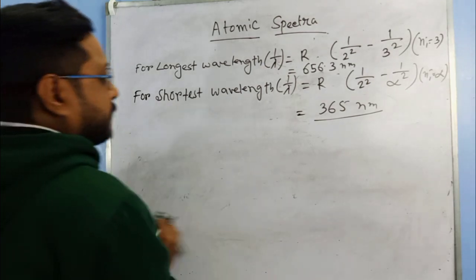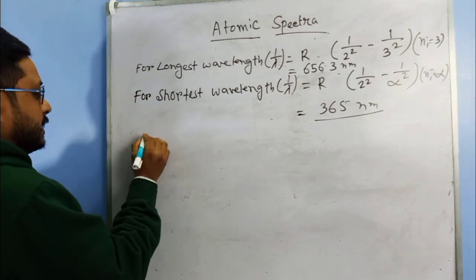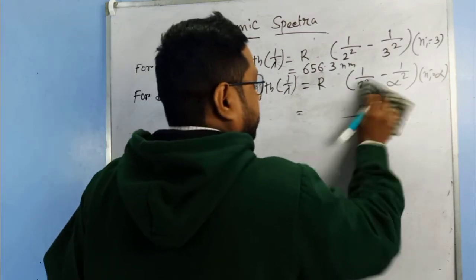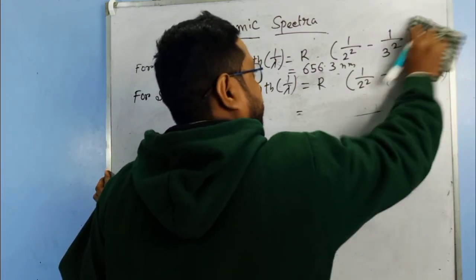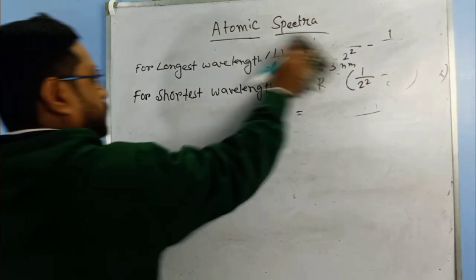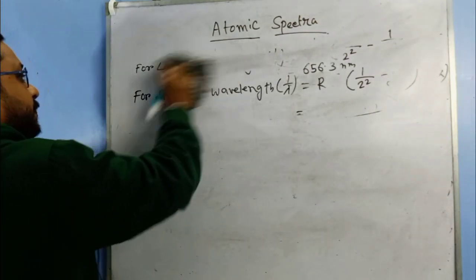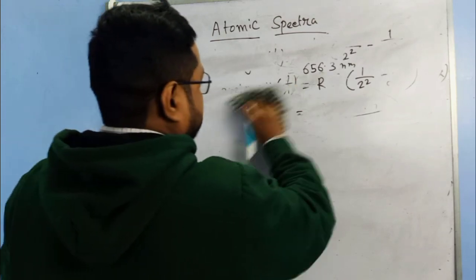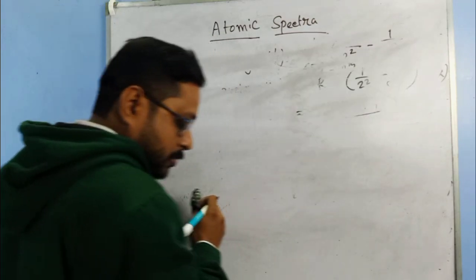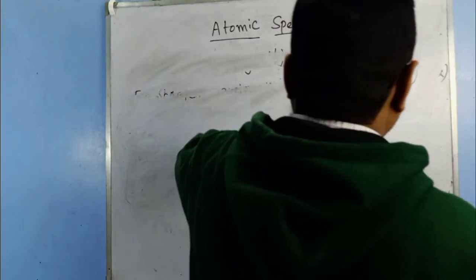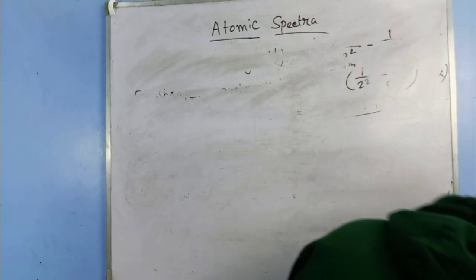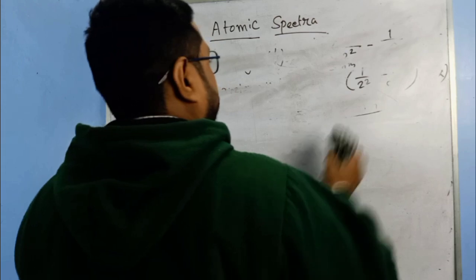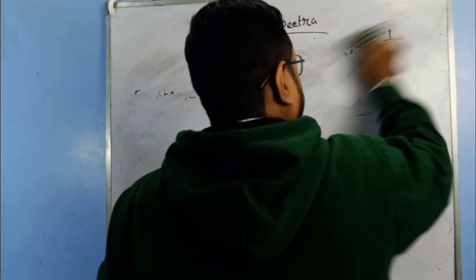Now we can get different series, that is Lyman. If we make a chart, then it will be easiest to learn or understand, and we draw the corresponding wavelength also, the energy level diagram also.